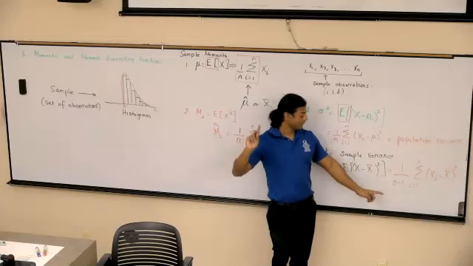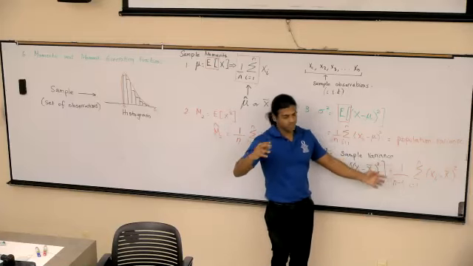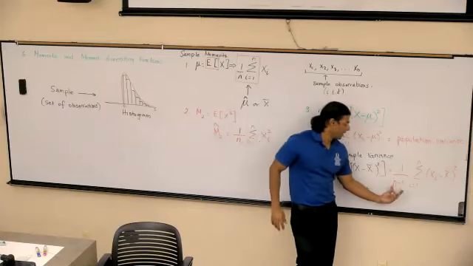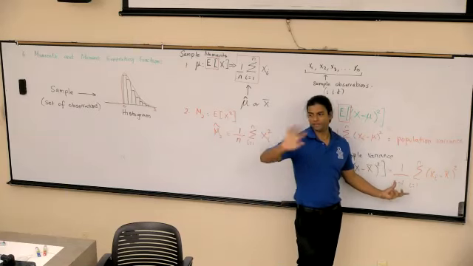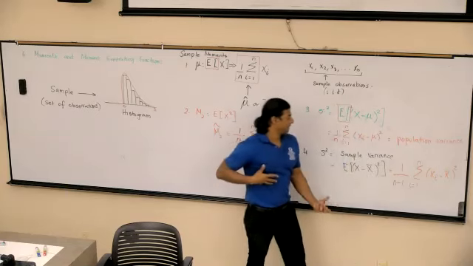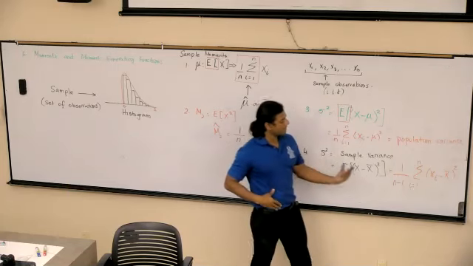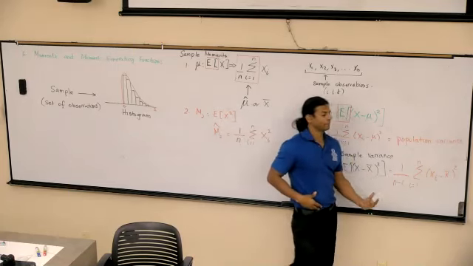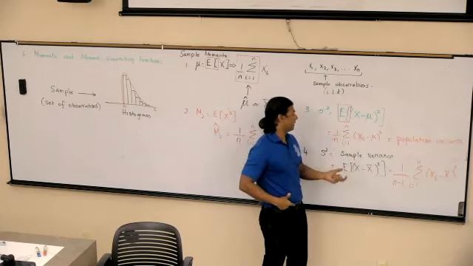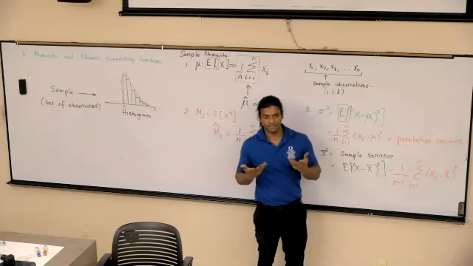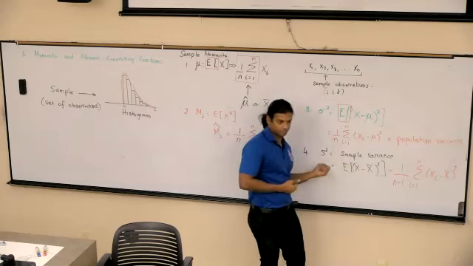Your book does do a proof. If you want to know more, come to us. I'm not going to do it because it is beyond the scope of this class. We divide by n minus 1 instead of n because we want an unbiased estimator for the variance.